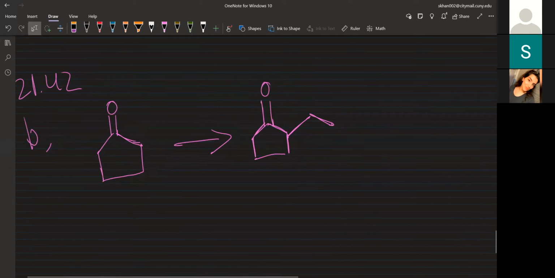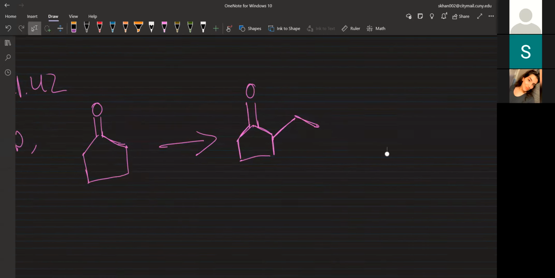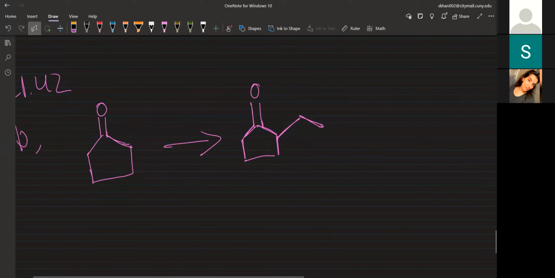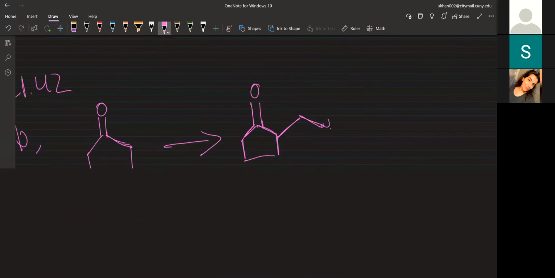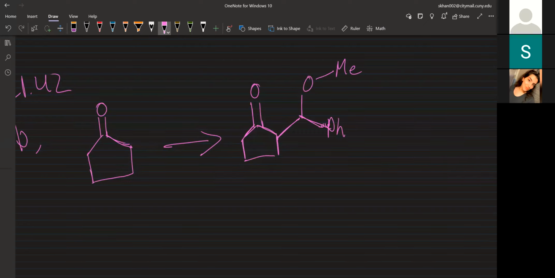I'm just going to abbreviate this as Ph. Okay, so you're starting with cyclopentanone and you're going to end up with this product, right?